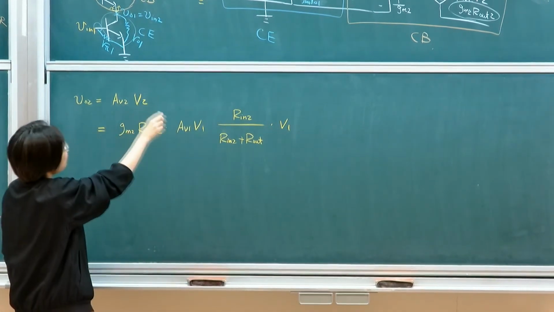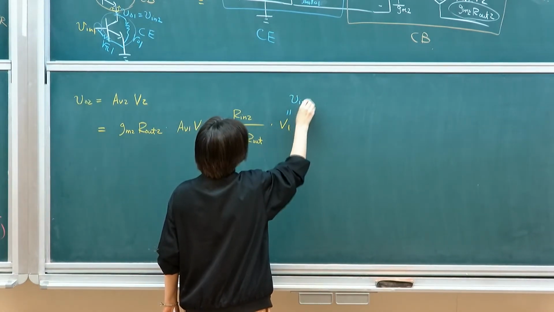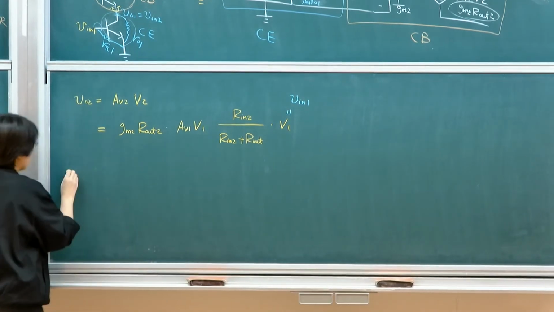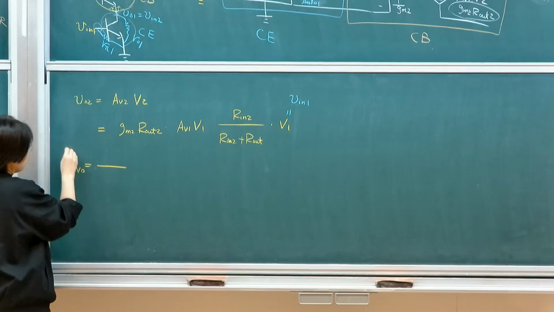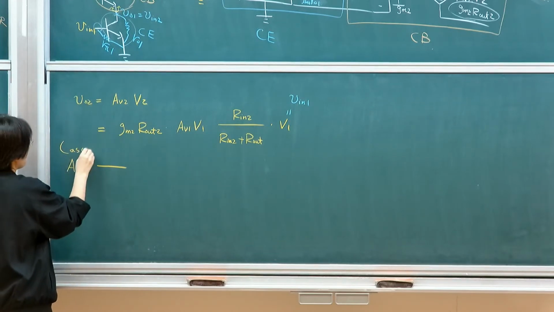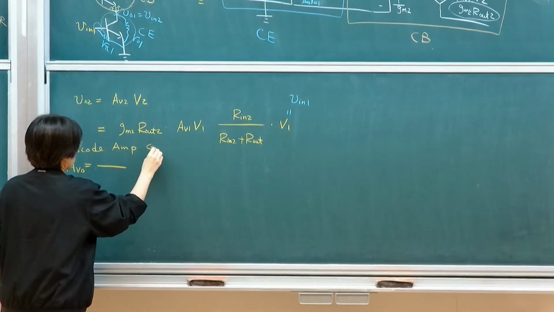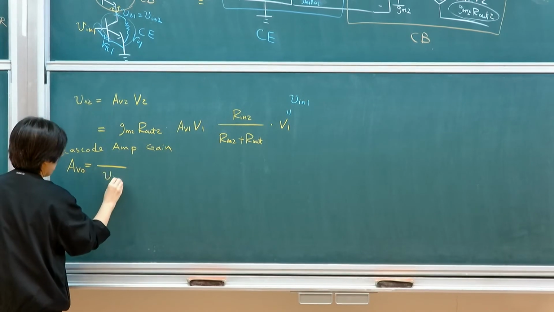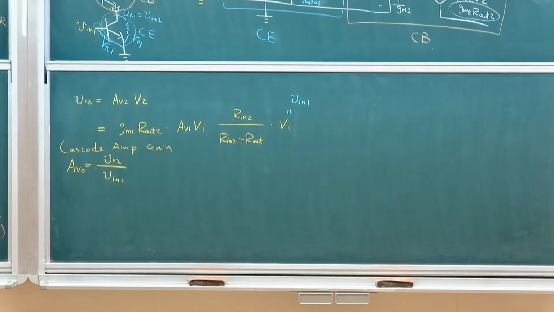And we know that V1 is just V in 1. It's the same. So your overall gain, the overall cascode amplifier gain, should be VO2 over V in 1. That's your overall gain. You're looking at your output going back to input.